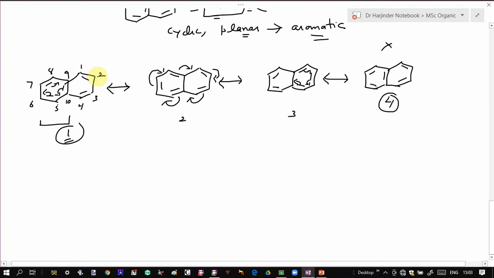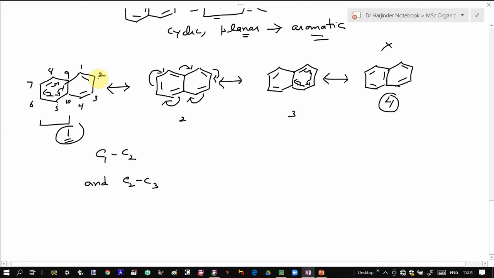You can see in these three resonance structures, if you look at the bond at C1 and C2, and C2 and C3, at C1 and C2 there are two resonance structures that have a double bond at position C1 and C2.